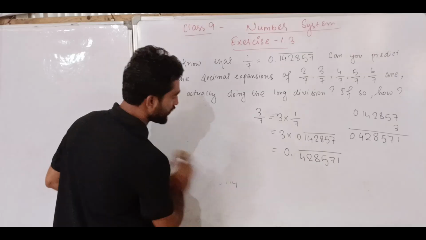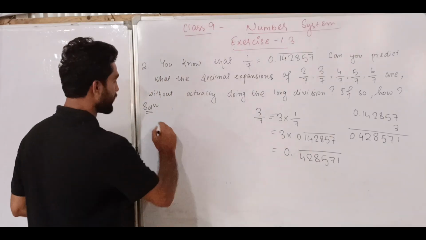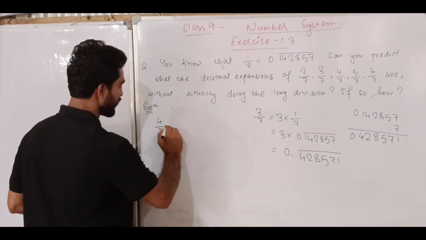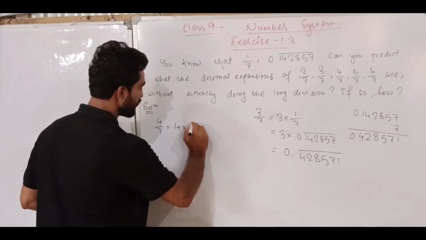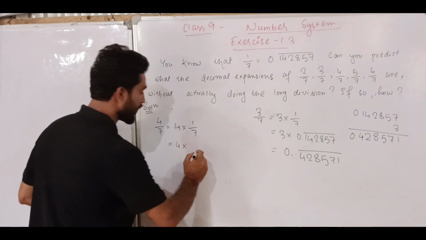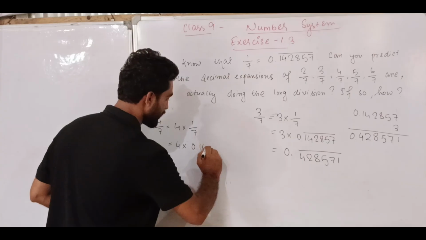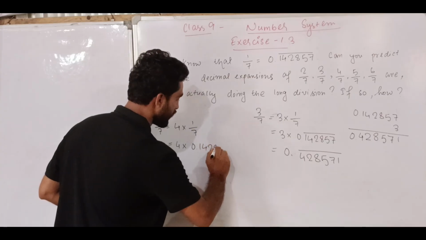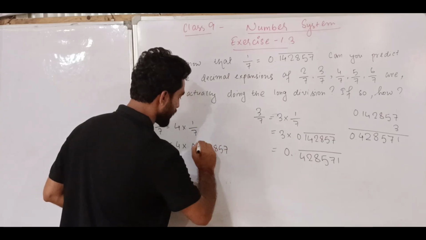Now let's see the decimal expansion of 4 by 7. So 4 by 7 will be 4 into 1 by 7. The value of 1 by 7 is given, 0.142857 bar.